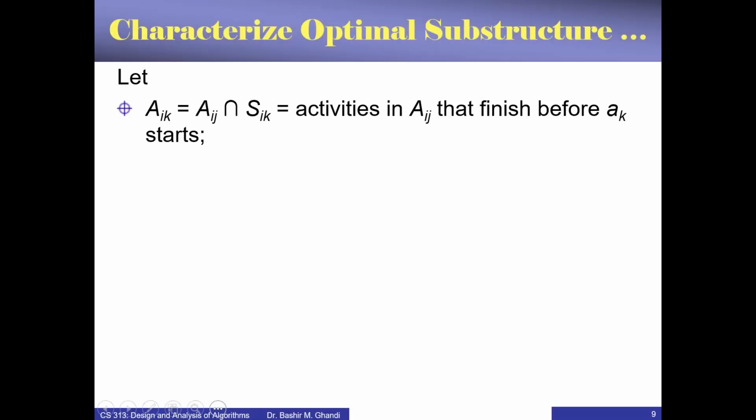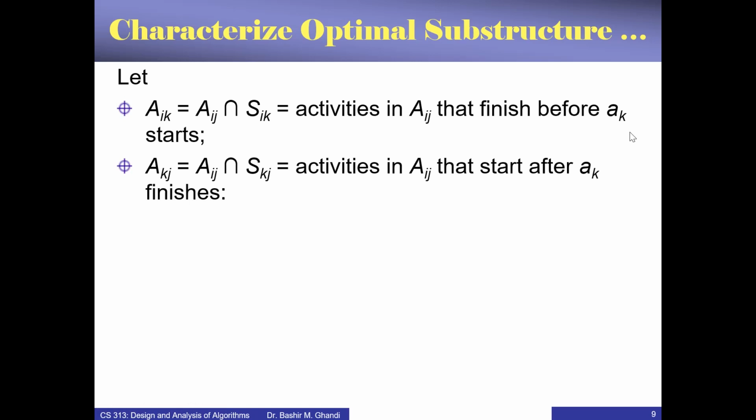Now let us define Aik to be the intersection of our optimal subset Aij with the set to the left of Ak, which is Sik. That means the activities in Aij, the optimal subset, that finish before Ak starts.